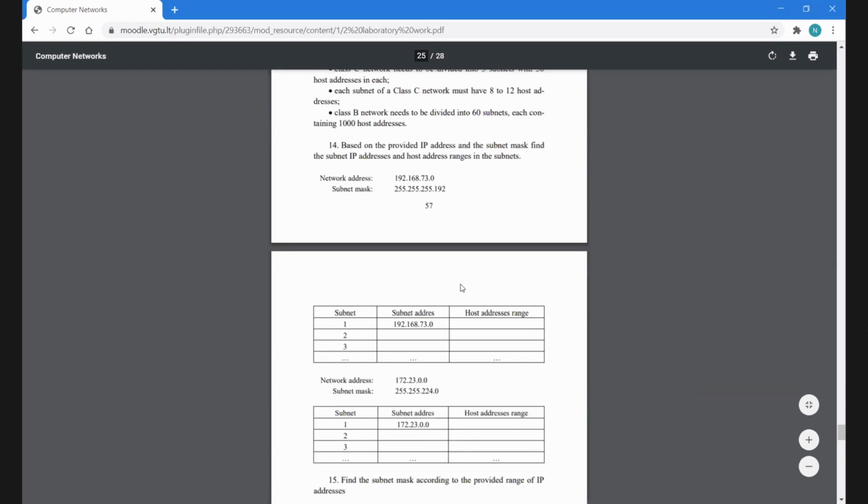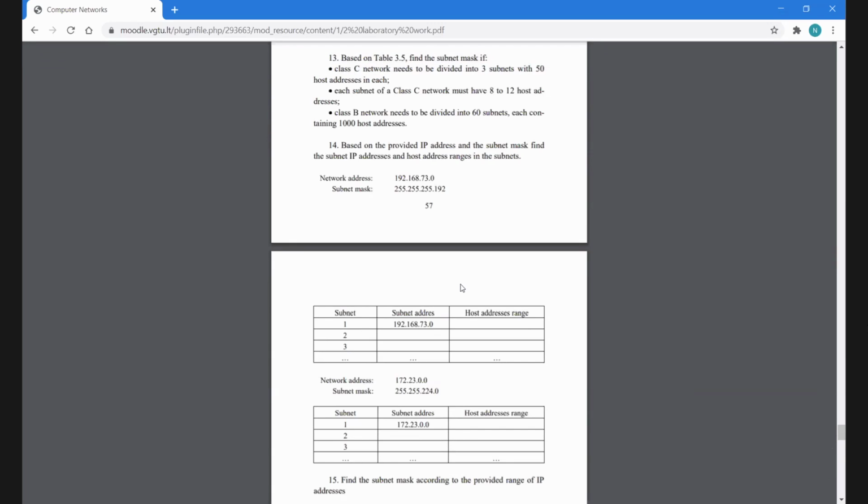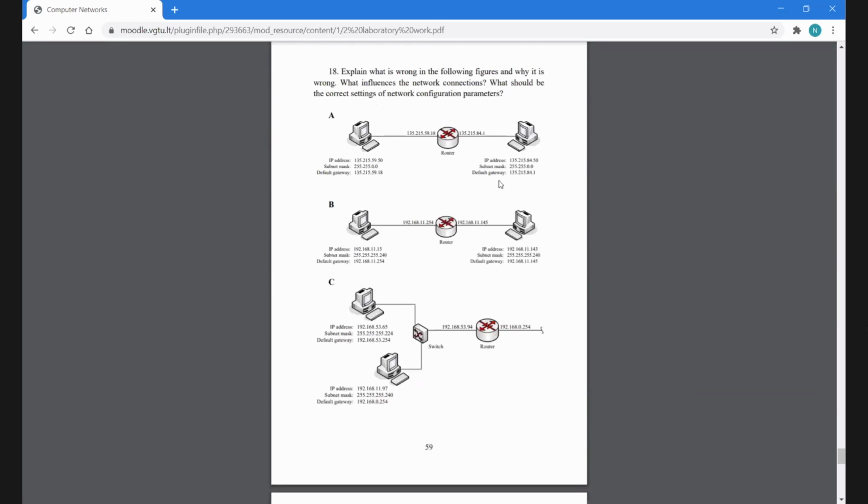I suggest you put more effort into this laboratory, because during the defense I will give many tasks from this laboratory, because IP addressing is very important. This is like the foundation. You need to know how to do subnetting, how to find subclasses of IP addresses, how to assign IP addresses for network parts.